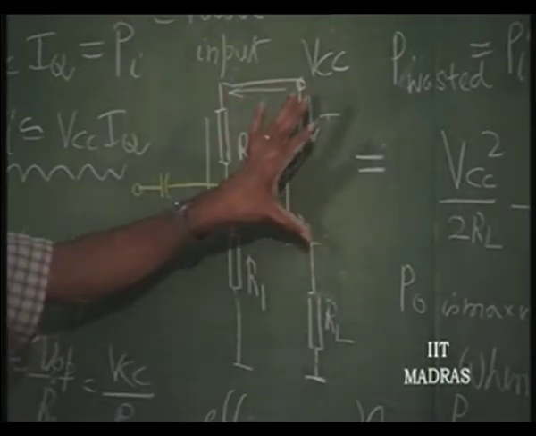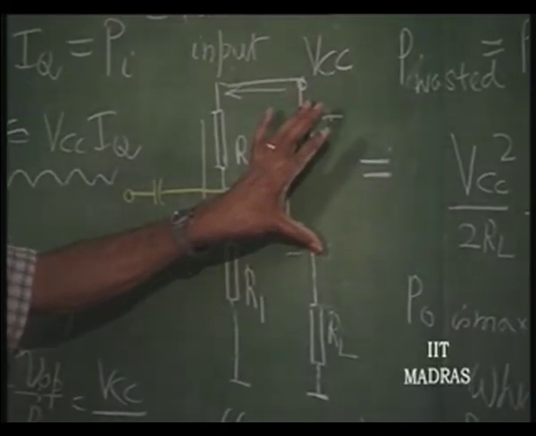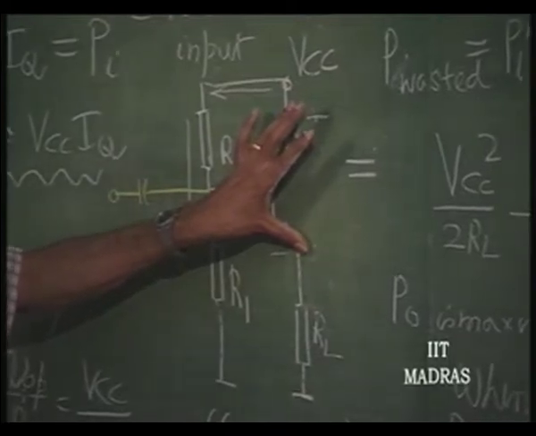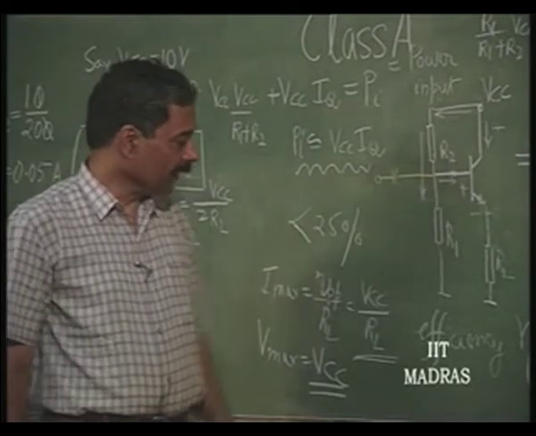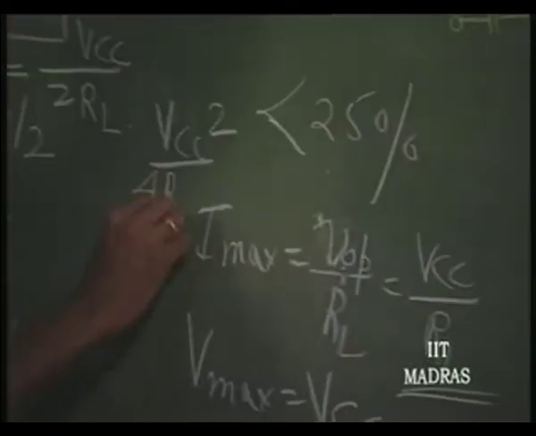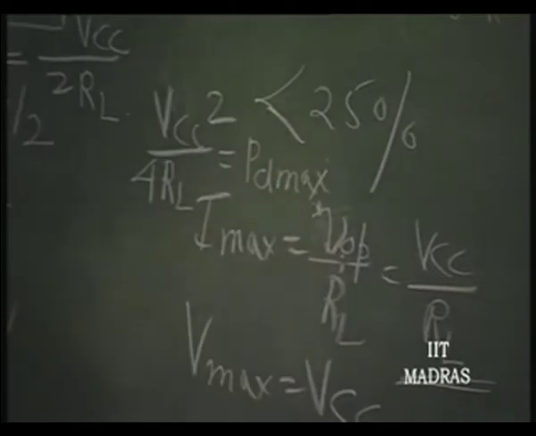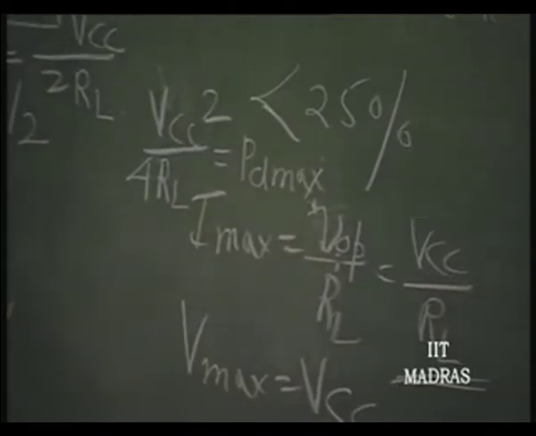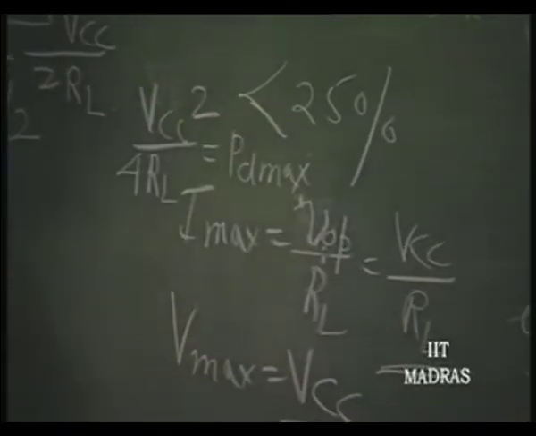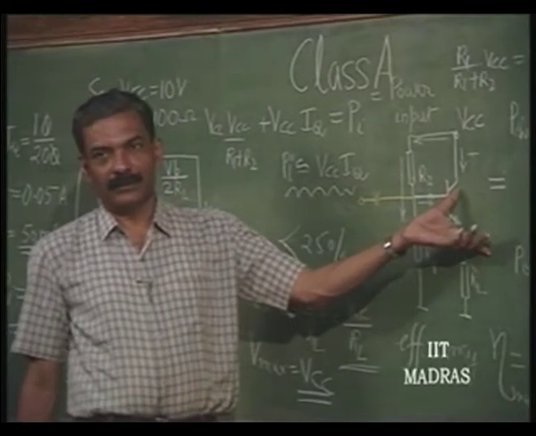So, the maximum power under the quiescent situation is V c c squared divided by 4 R L. Therefore, for the active device it is V c c squared divided by 4 R L. Based on all these factors, you will select the transistor that is necessary for this.